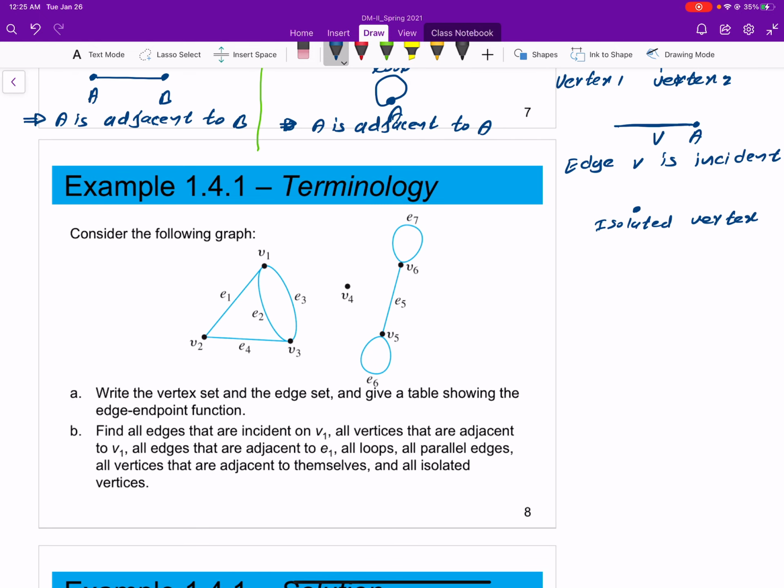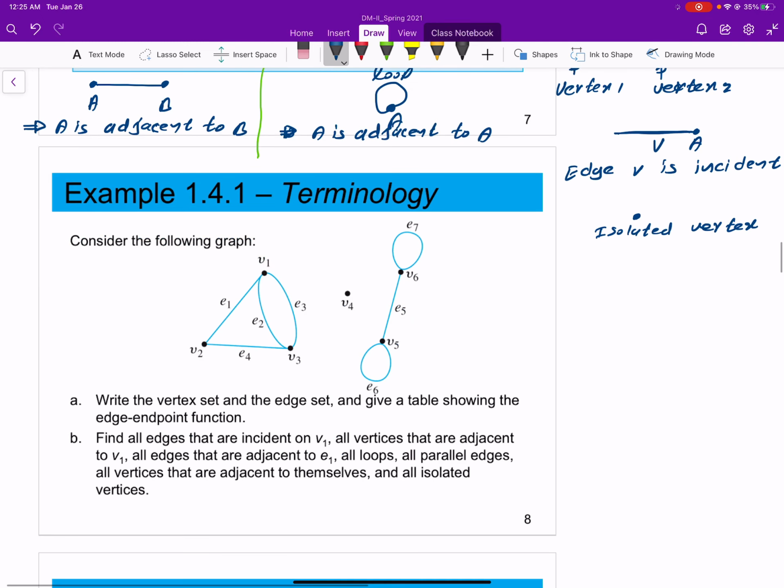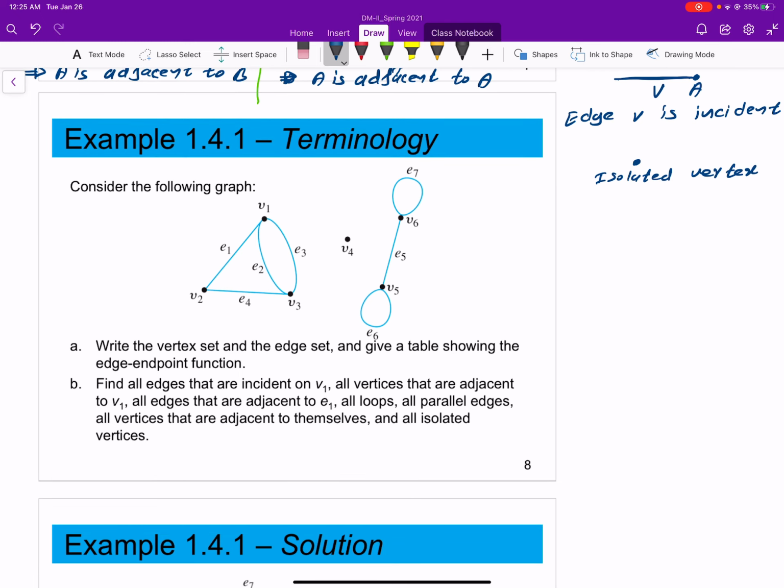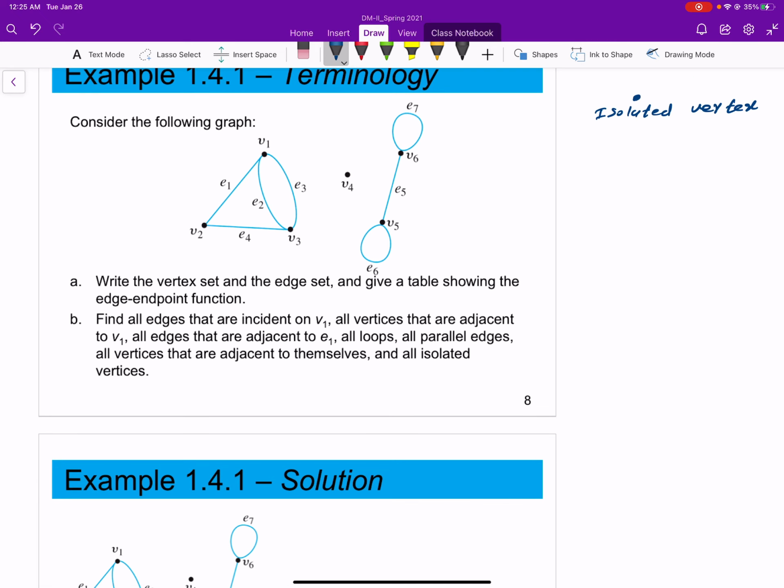Then we're going to learn some terminology. This is an example where we apply the terminology that we have already learned. Consider the following graphs. You have two graphs, one here, another over there. Let's move to the first question.